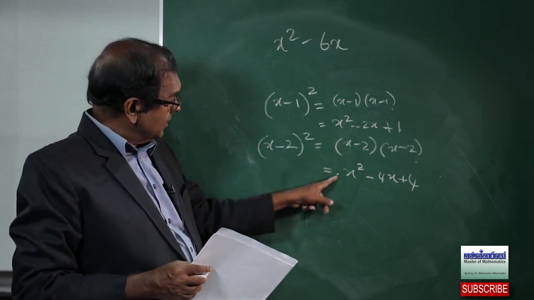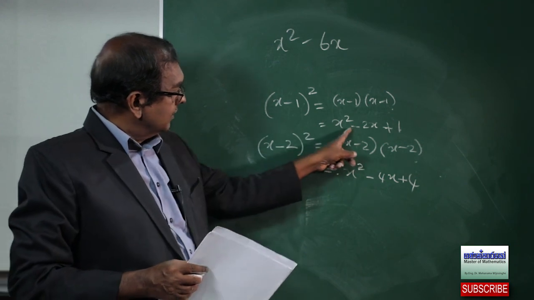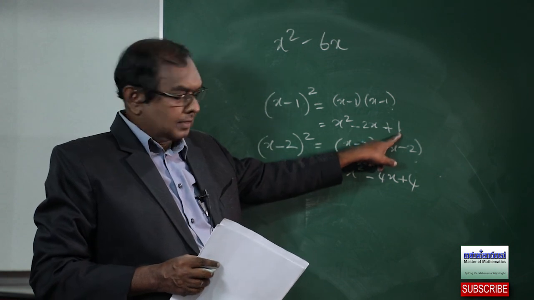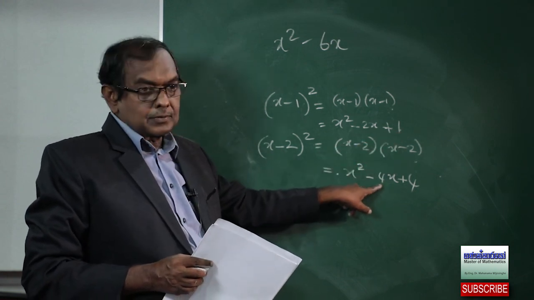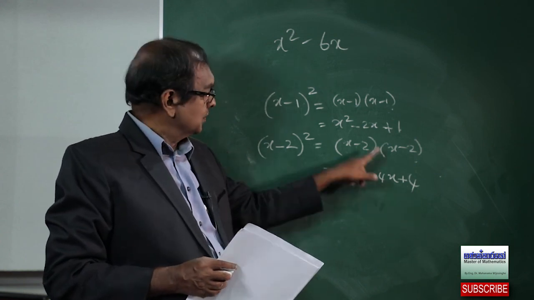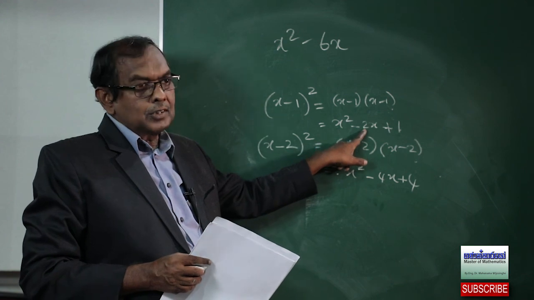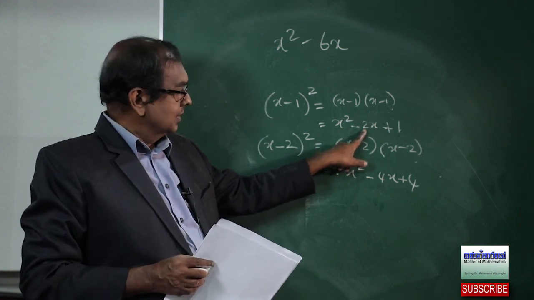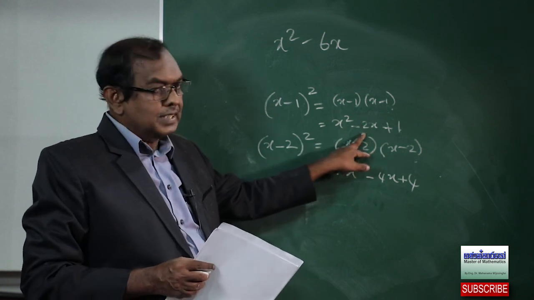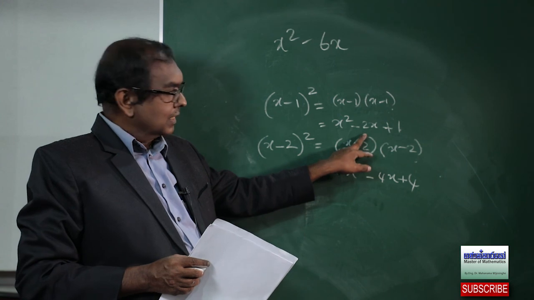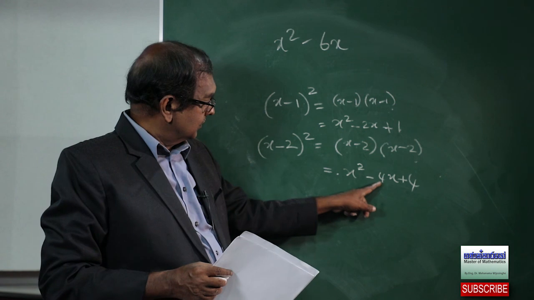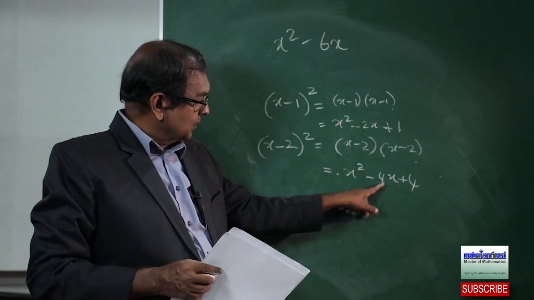Then there is a relationship between those values. This is minus 2x. This constant value is 1. This is minus 4x. Constant value is 4. What is the relation? Half of 2 is 1. The square of 1 is 1. Here, 4x.